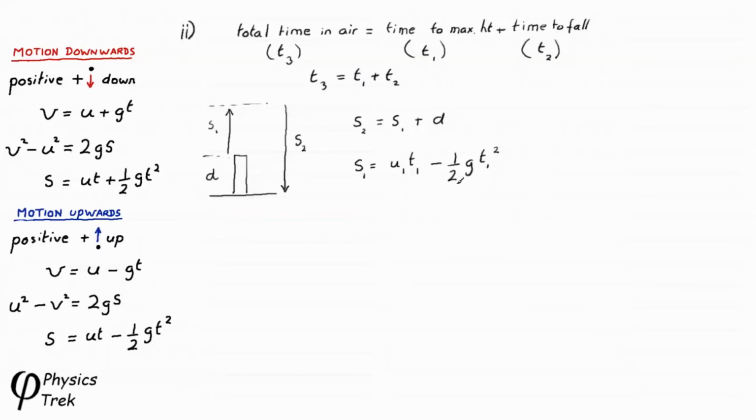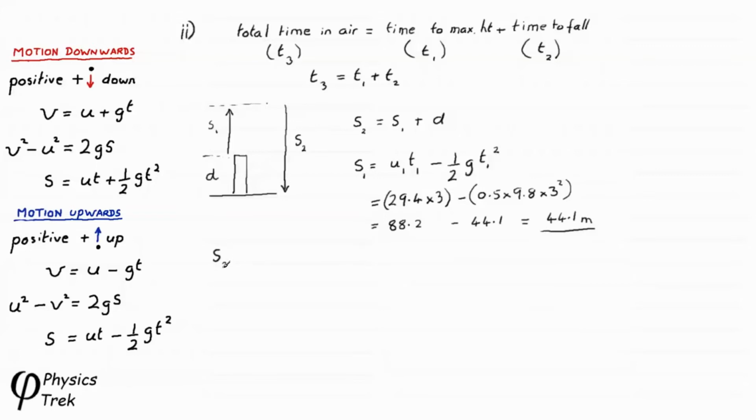So putting in the numbers, s1 is equal to 29.4 times 3 minus 0.5 times 9.8 times 3 squared, and this comes to 88.2 minus 44.1, which comes to 44.1 meters.